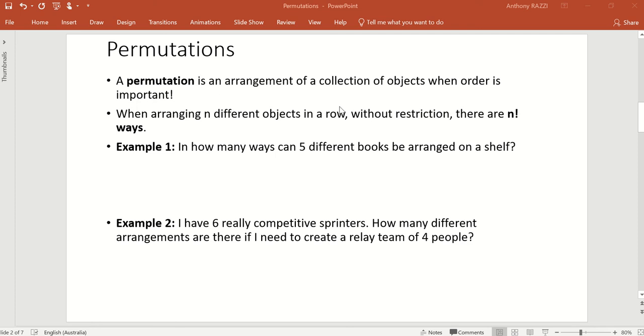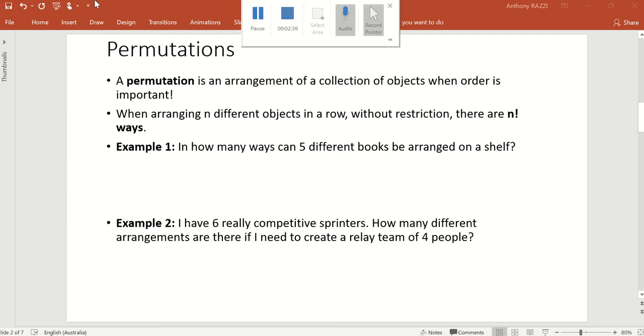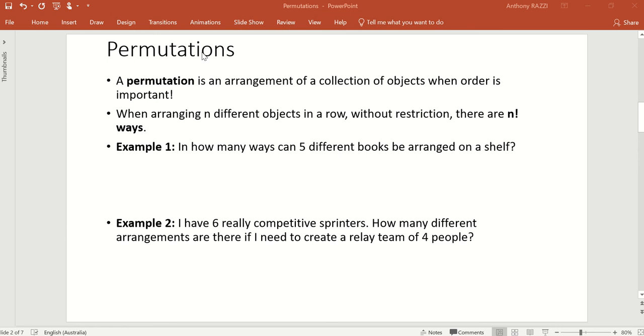Now, when there's no restrictions, we'll use this example as context. Imagine you have 5 different books. How many different ways can you arrange them on a shelf? Well, if there were 4 different books, we just worked it out in the last question. If A, B, C, and D were a book each, we could do it 24 different ways.